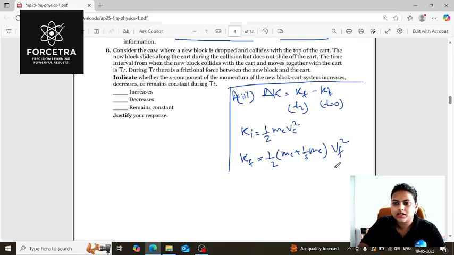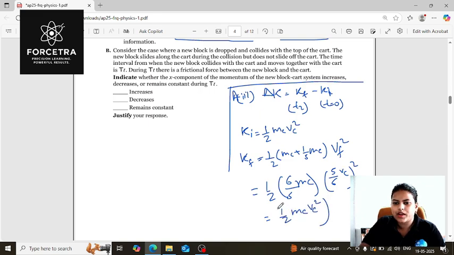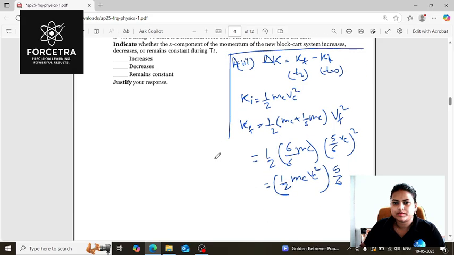So I just replace it here. 5 upon 6 vc whole square, and it would be 6 upon 5 mc into 1 upon 2. When you solve it, it would get cancelled, and it would be half mc vc square multiplied by 5 upon 6.